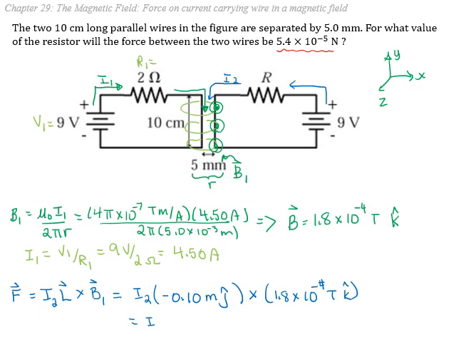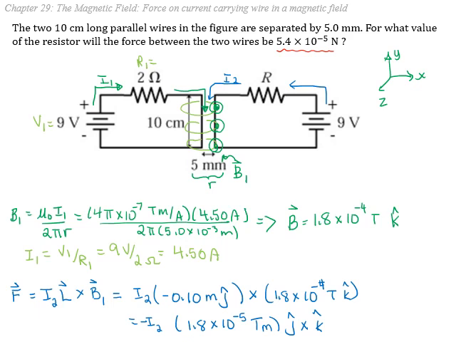Okay, so we've got I2, that's negative, multiplying negative 0.1 and 1.8 times 10 to the minus 4 to get a negative 1.8 times 10 to the minus 5. That's Teslas times meters, J cross K.